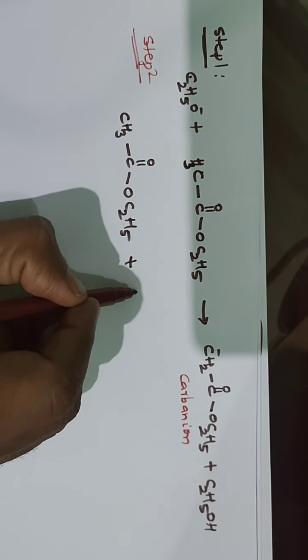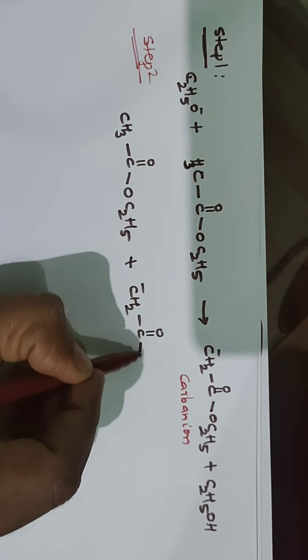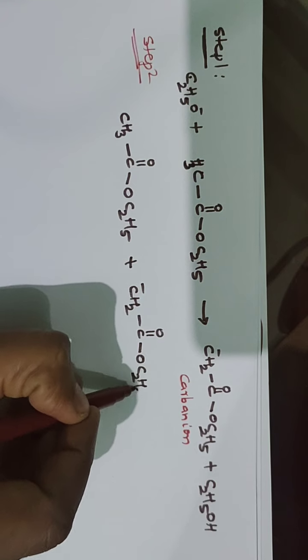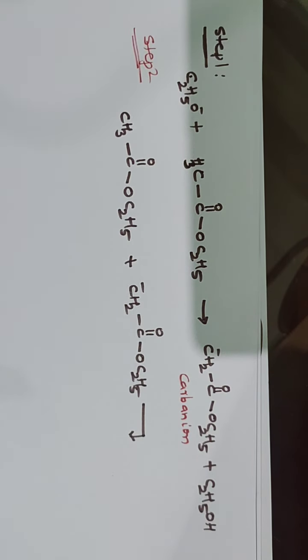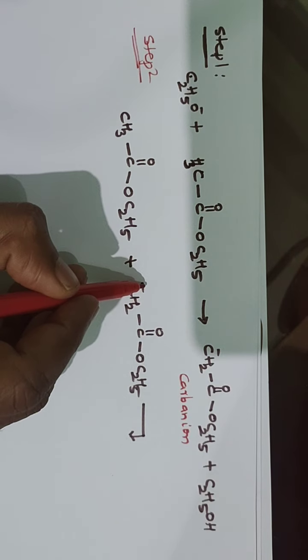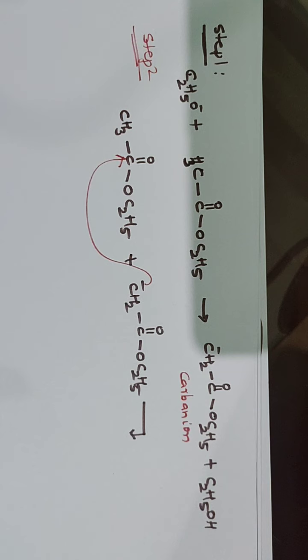This is the carbanion generated, CH2minus C=O OC2H5. This carbanion negative charge will attack this carbon. Why only that carbon?